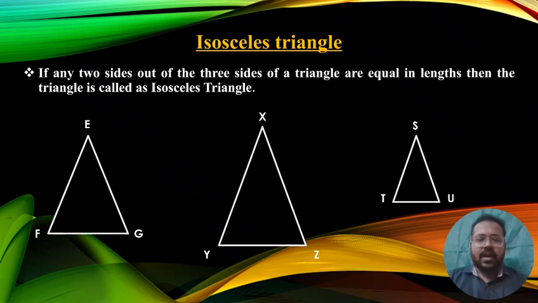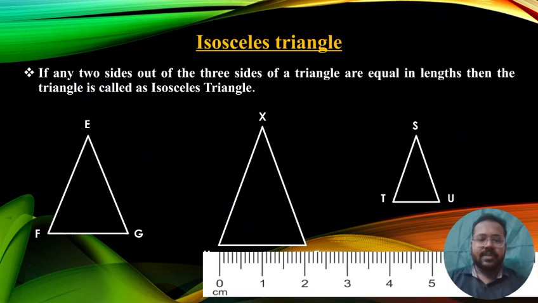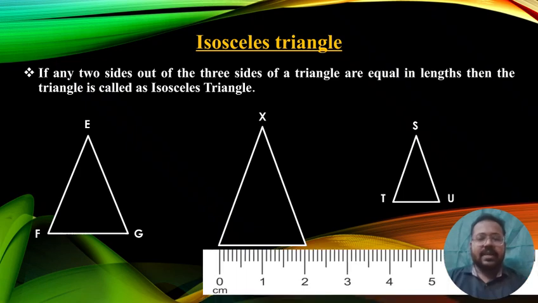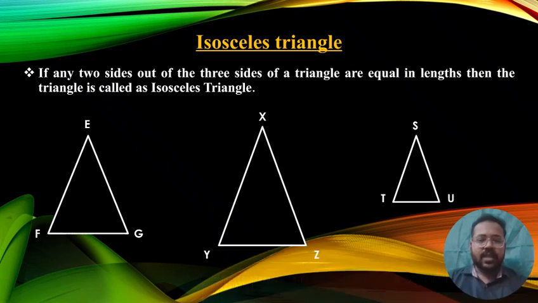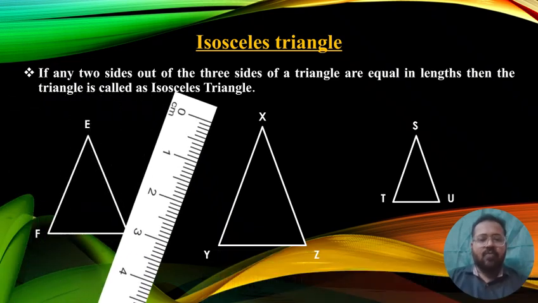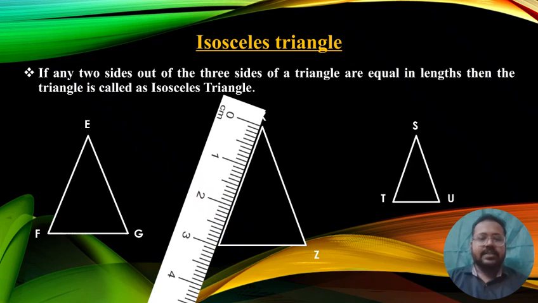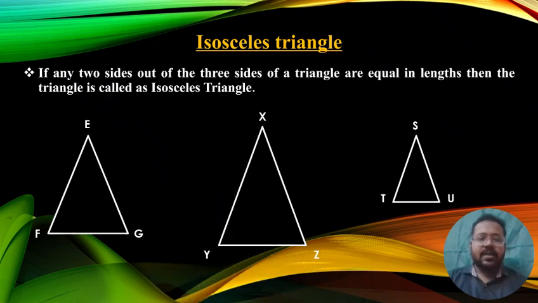For understanding, let me bring the ruler here and we are going to measure the lengths of the sides of triangle XYZ. Here is the ruler. The side YZ measures exactly 2 centimeters on the ruler scale. The side XY measures 3 centimeters.